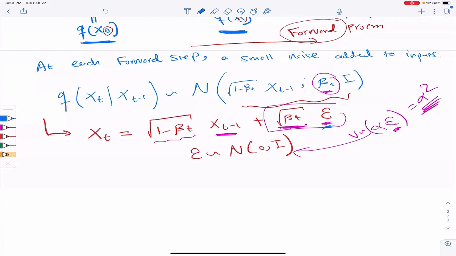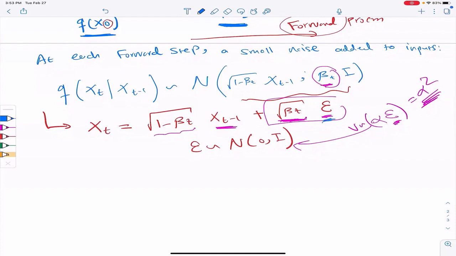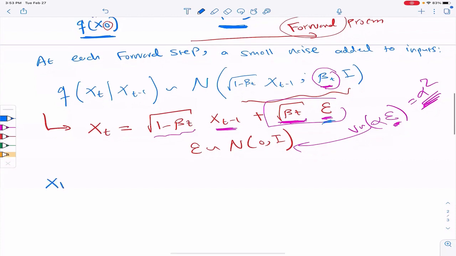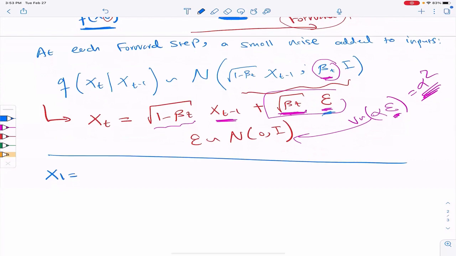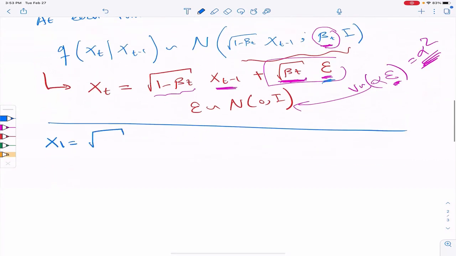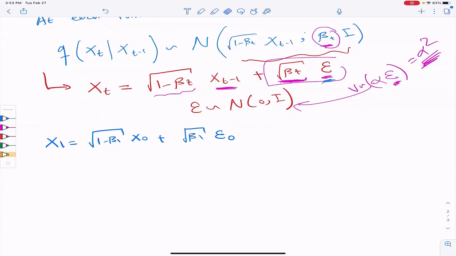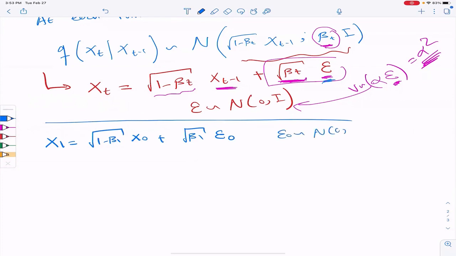Okay, let's see what happens. Let's say I start with some point. My x1 is a scaled down version of x0, and I generate a noise, let's say epsilon 0, according to a normal distribution, and I generate x1.